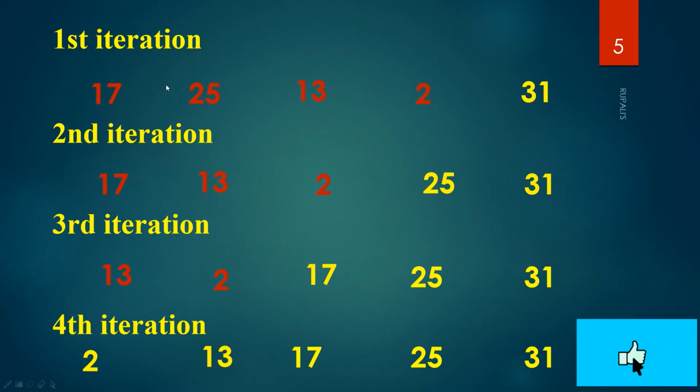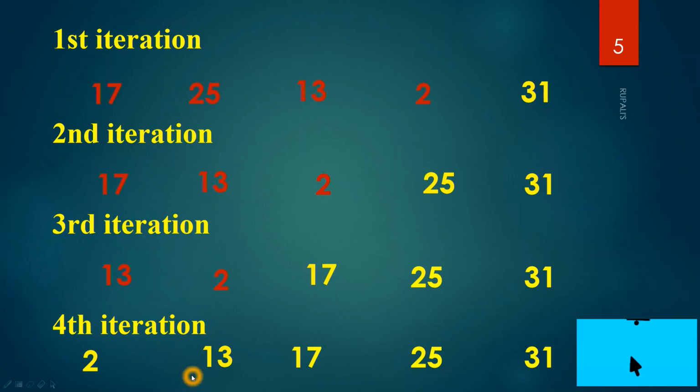Now the second question. In the first iteration, how many comparisons are needed? Comparisons needed: 1, 2, 3 and 4. So the first iteration needs 4 comparisons. The second iteration needs 1, 2 and 3, so 3 comparisons. The third iteration requires 2 comparisons, and the fourth iteration requires 1 comparison.